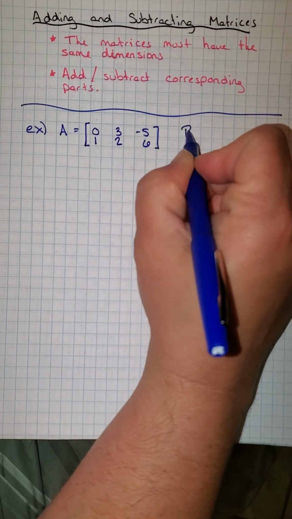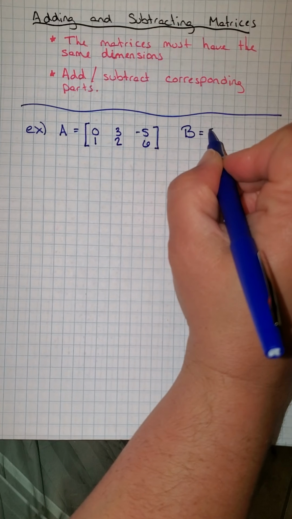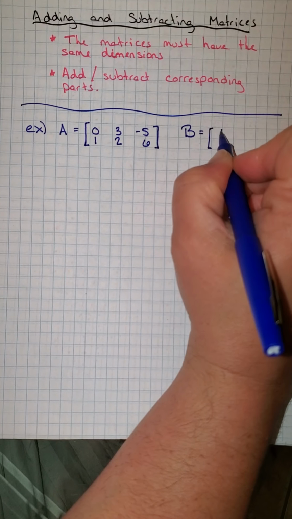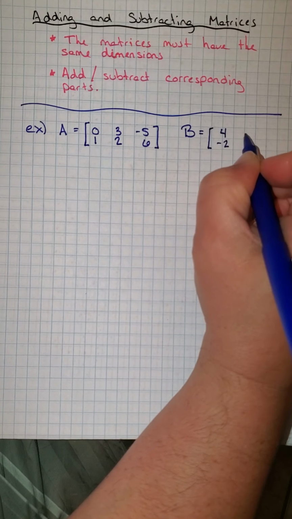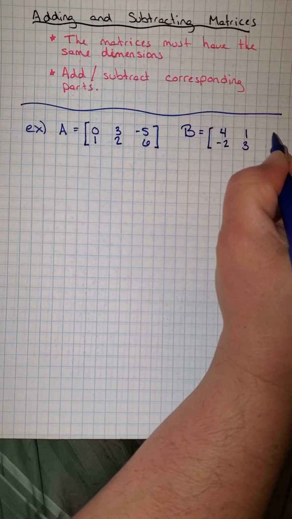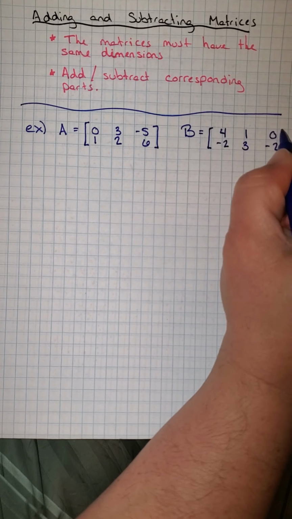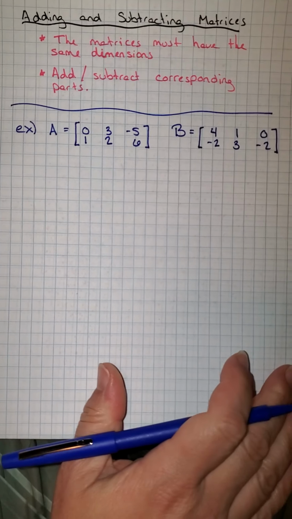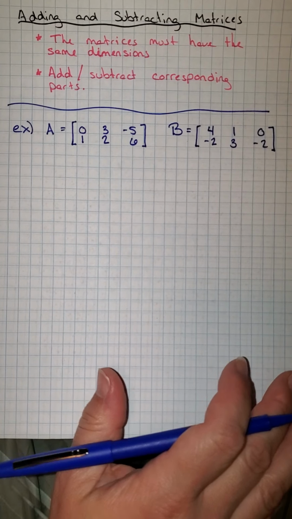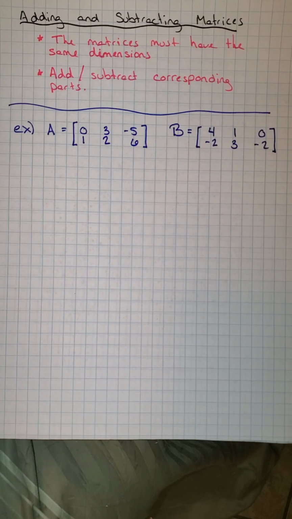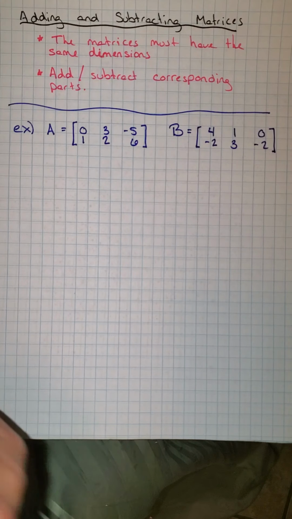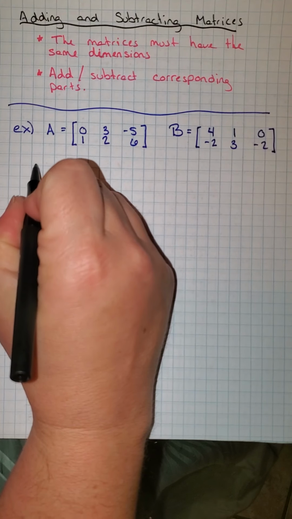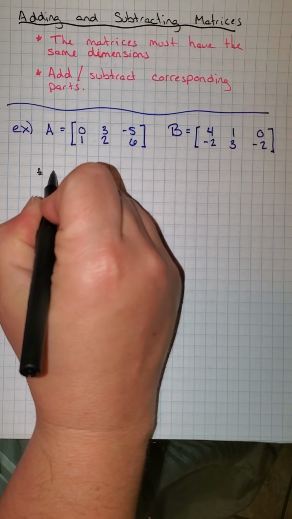And then we have matrix B, which is 4, negative 2, 1, 3, and 0, negative 2. And for number 9, we're going to add those two matrices together. So number 9, we're going to do A plus B.